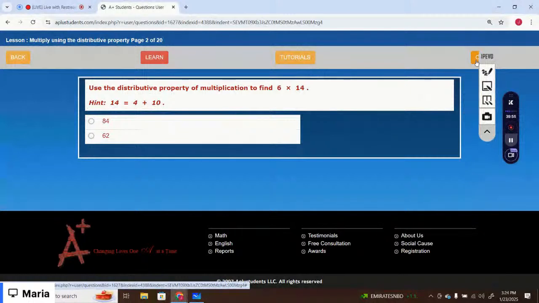Use the distributive property of multiplication to find 6 times 14. You need to write 14 as 10 plus 4.